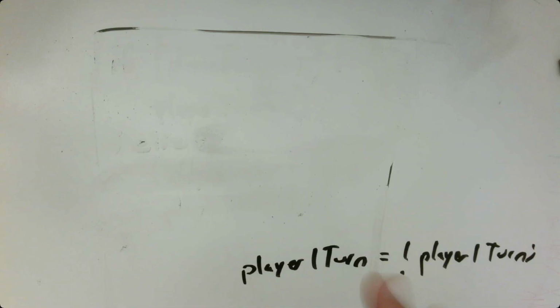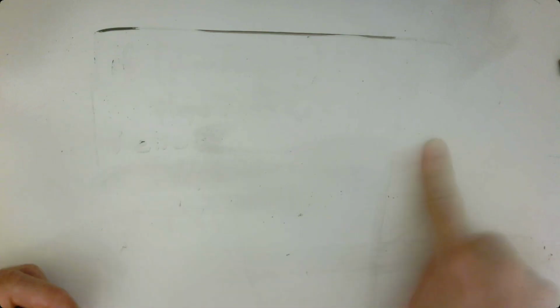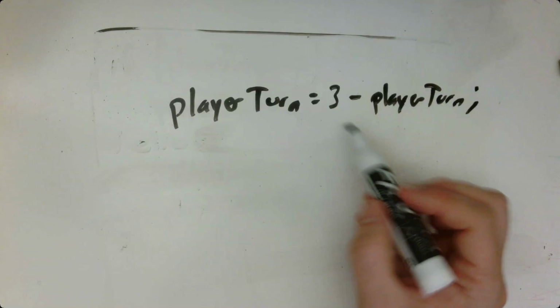You could do the same thing using our original variables, but it involves a bit of a trick. Let's look at this. So what did I call it? Player turn. So player turn equals 3 minus player turn. So now imagine what that's going to do. Imagine that player turn equals 1.